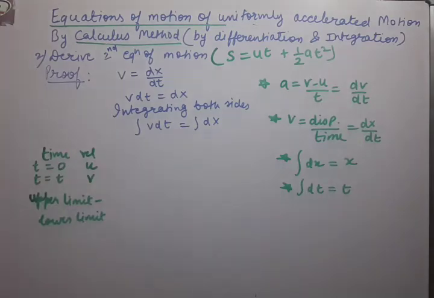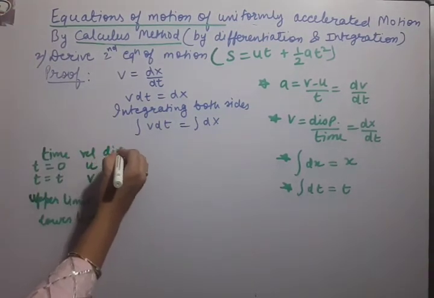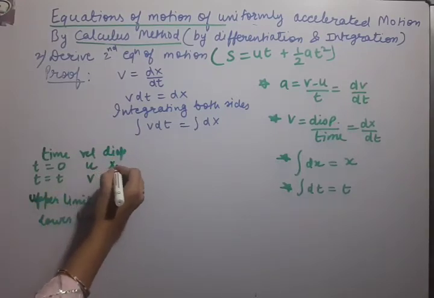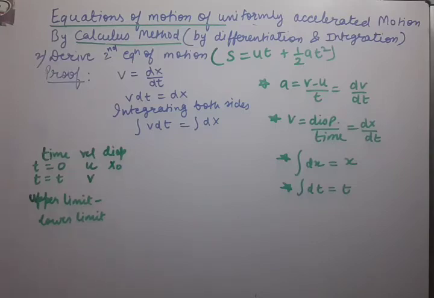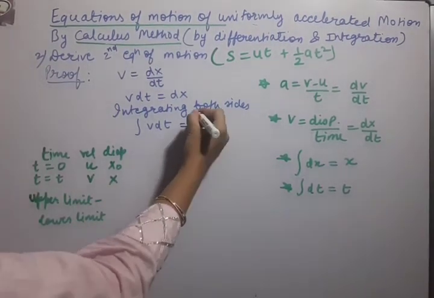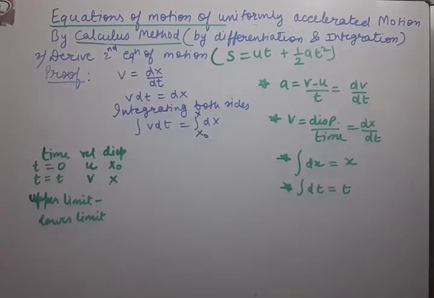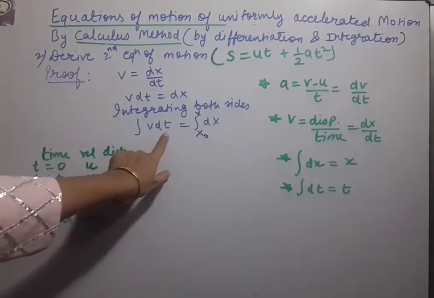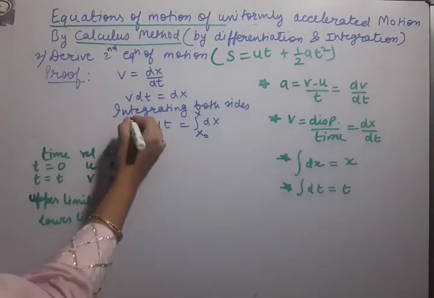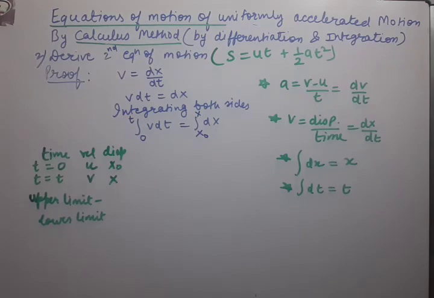So let us call it initial displacement and final displacement. See, I am writing now the limits of displacement. Initial displacement is x0, final displacement is x. These will be the limits. Here I will put x0 and x limits, and here the limits of time will appear. So 0 to t are the limits of time.